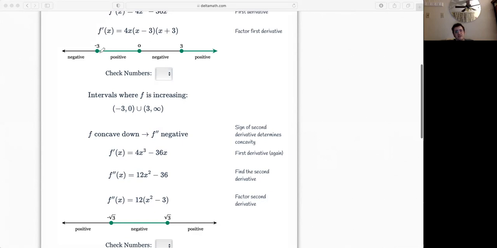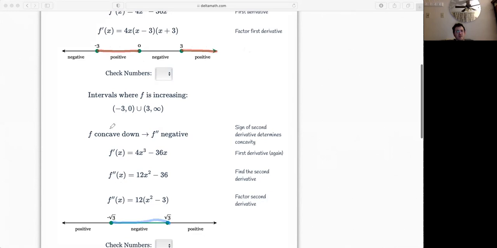So I'm looking for positive. And I'm going to use a different color. Maybe I'll do blue. So I'm looking for that negative second derivative.